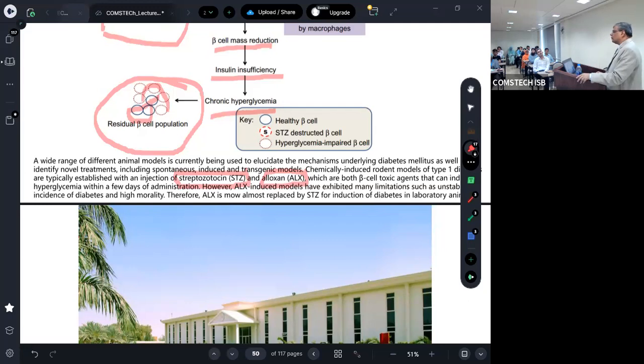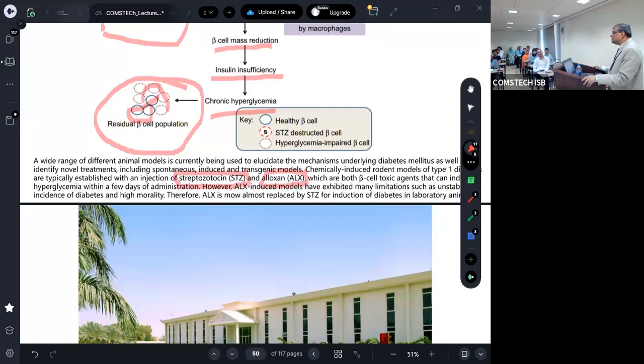So most of the students agreed: streptozotocin, right? The best way is, don't believe the company. In the company profile, they write something, this is good, all the good things written.